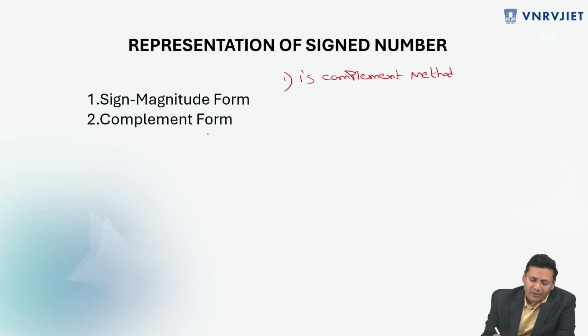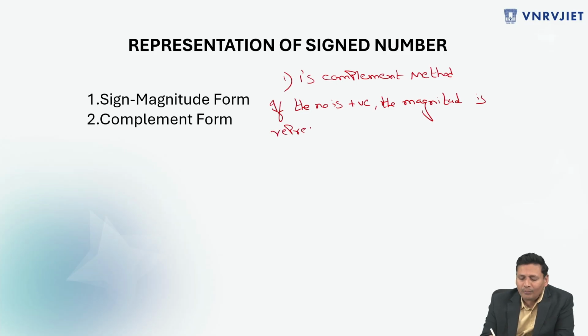If the number is positive, the magnitude is represented in its true form, or I can say true binary form, and a sign bit.